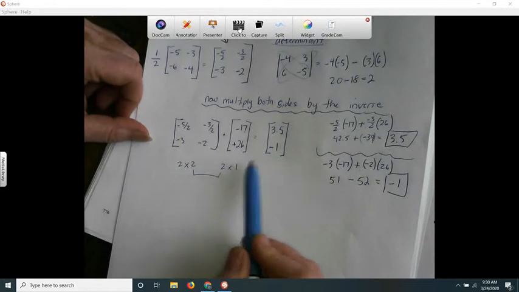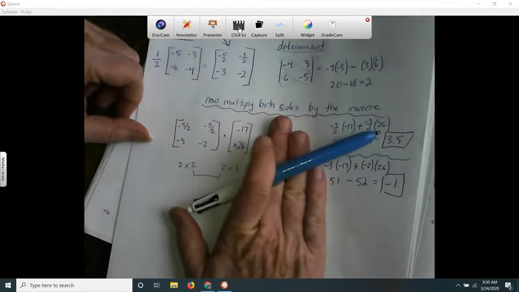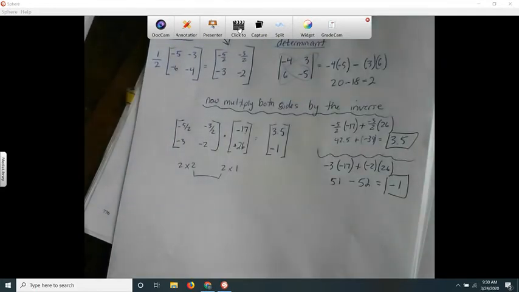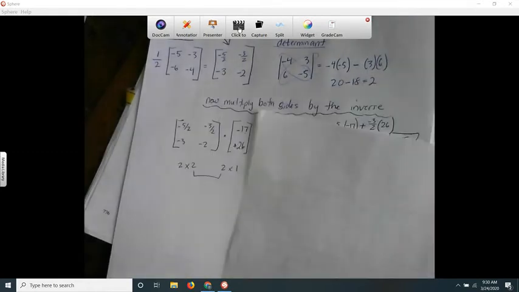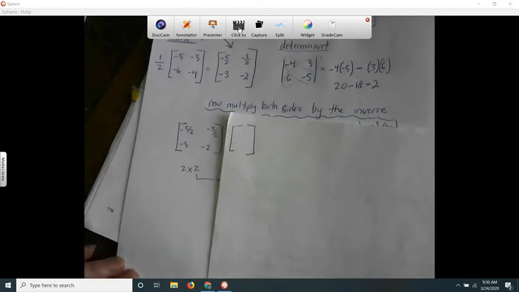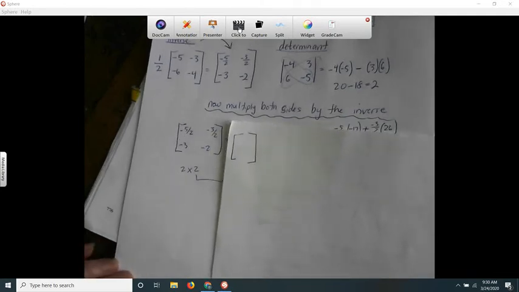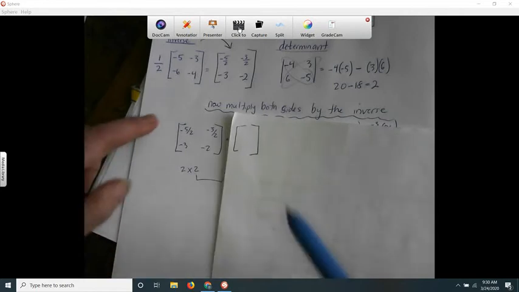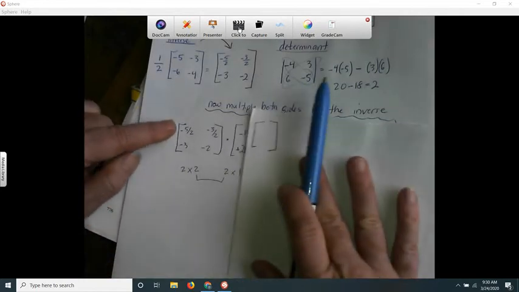To get these numbers, I have to multiply negative 5 halves times negative 17 plus negative 3 halves times 26. Sorry, plus. So I did all the work right here, and it ended up being 3.5.